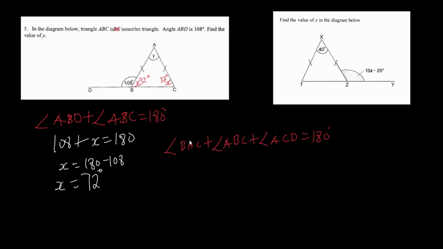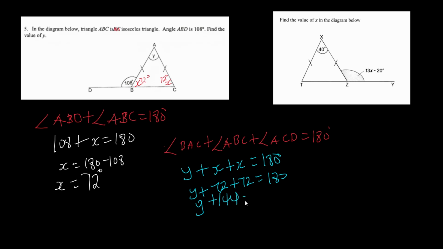Angle BAC is the Y, and then angle ABC and angle ACD are both X, so X plus another X, which is equal to 180 degrees. Now as you know, X equals 72, so another 72, which is equal to 180. 72 plus 72 equals 144, which should be equal to 180 degrees.